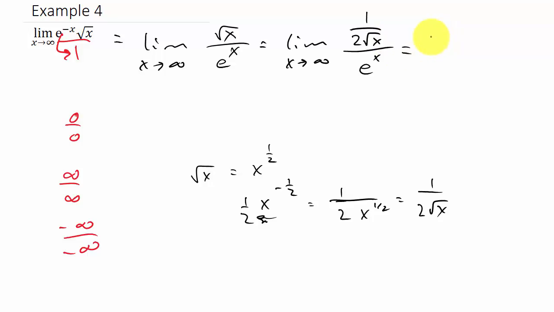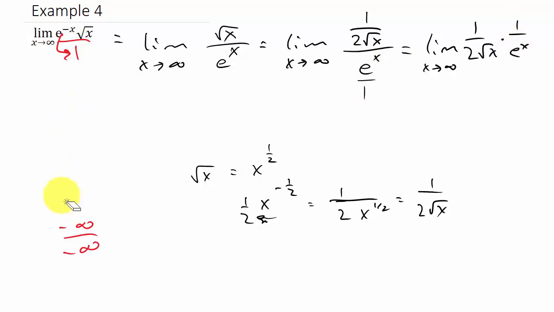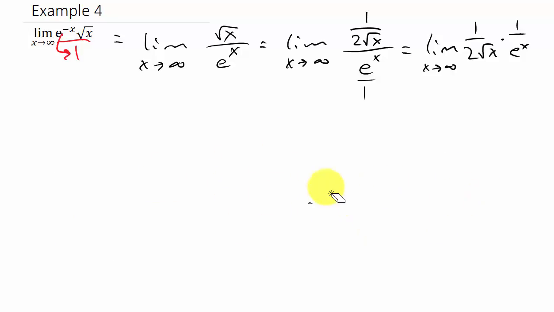Alright, so we have the limit as x goes to infinity, and this is over 1, so that's going to be 1 over 2 square root of x times the reciprocal of this, 1 over e to the x. So this is going to be the limit as x goes to infinity of 1 over 2 square root of x times e to the x.